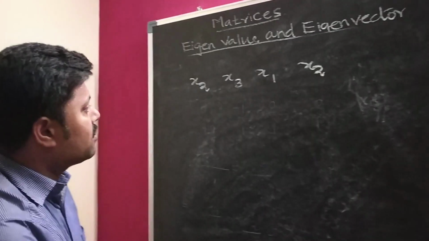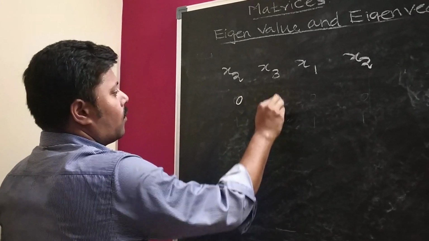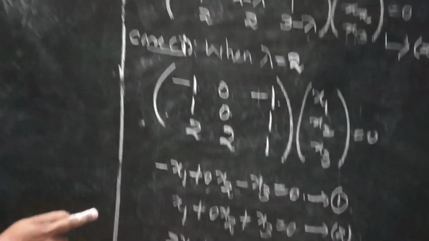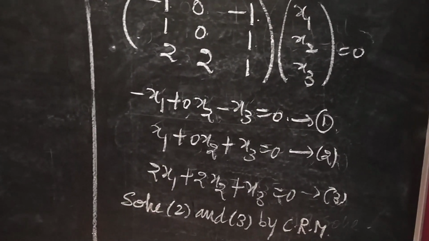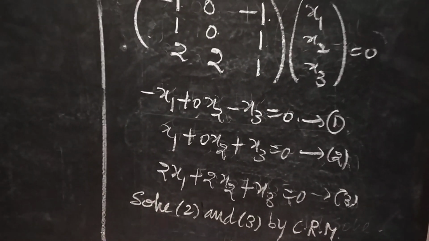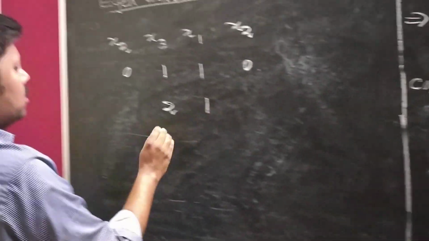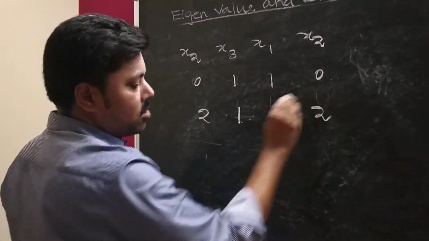What are the coefficients in equations 2 and 3? In equation 2: 1, 0, 1. In equation 3: 2, 2, 1. Writing them as 1, 0, 1, 1, 0 and 2, 2, 1, 2, 2, right?